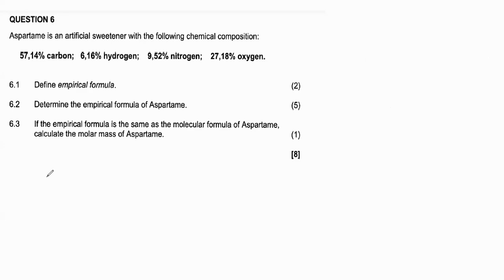Okay, then we have determine the empirical formula of aspartame. So what we're going to do with that one is first we have all of this, right? So we're going to note all these percentages. So let's have a clean page for that. We have 57.14% carbon, followed by 6.16% hydrogen.